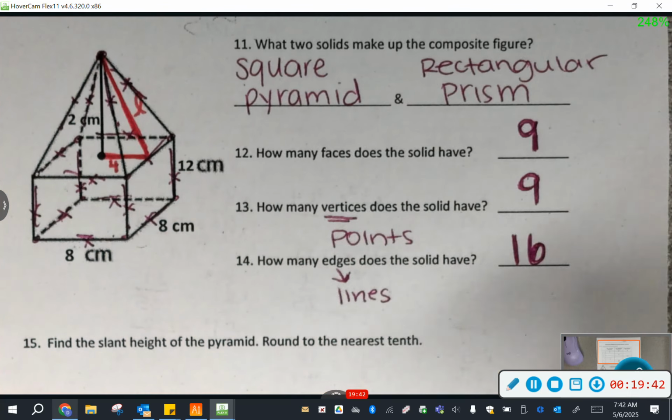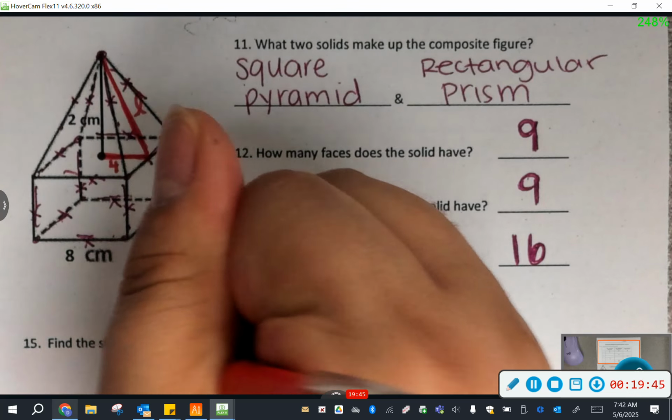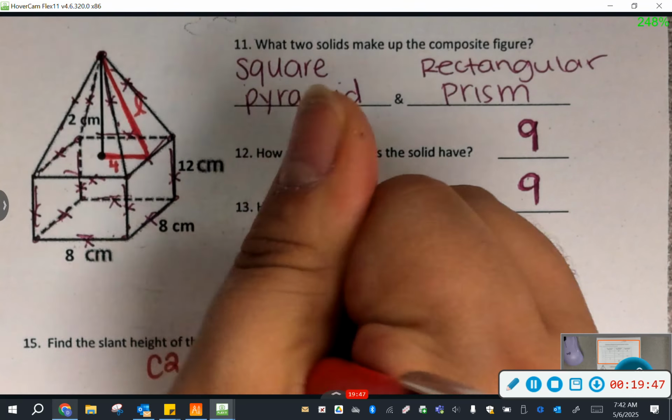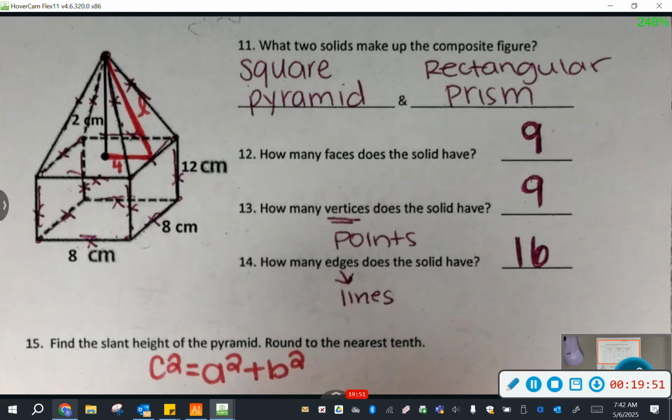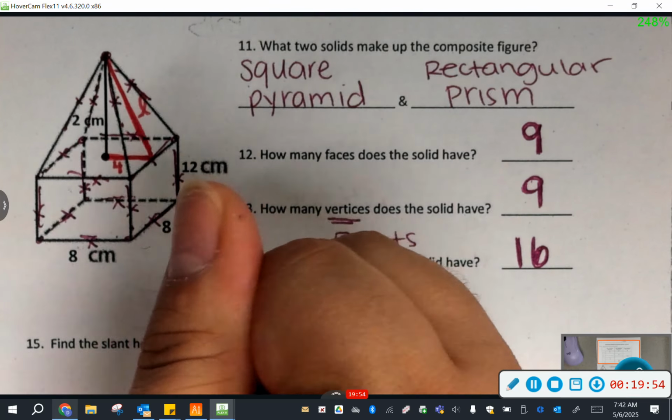So I want y'all to do just what we did last time. C squared equals A squared plus B squared. Get me an answer.